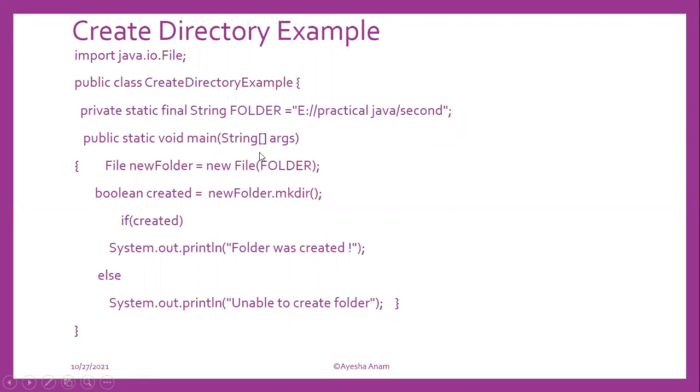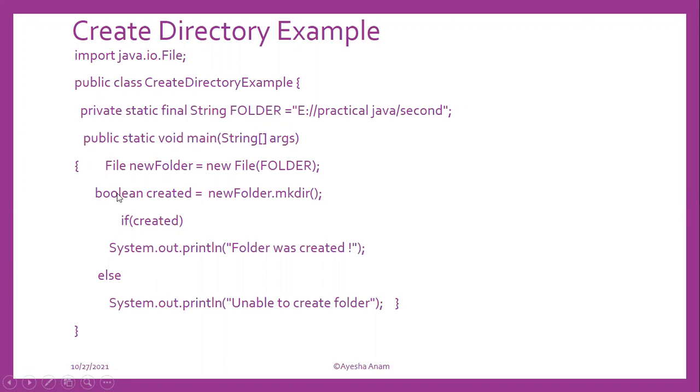Then the main function, public static void main String. Here you have to create the object of the File class with new File and specify this path. That means you are passing the string FOLDER here, which has this path.